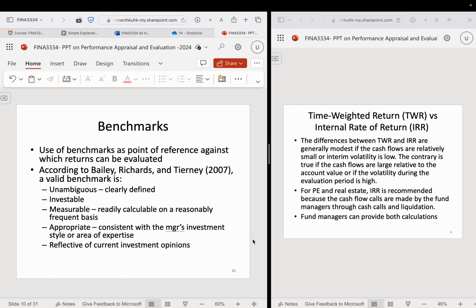So what are the common benchmarks? Which benchmarks are widely used nowadays? We have cash, fixed income, equities, hedge funds, PE, and commodities.